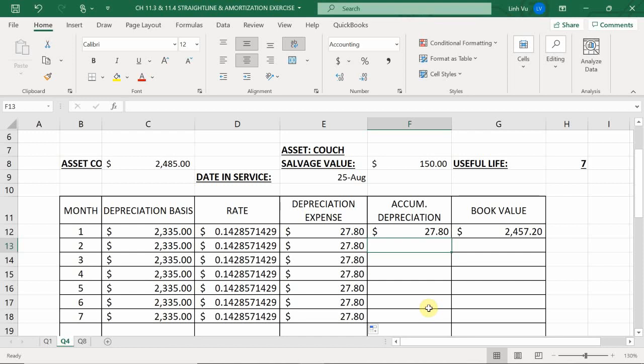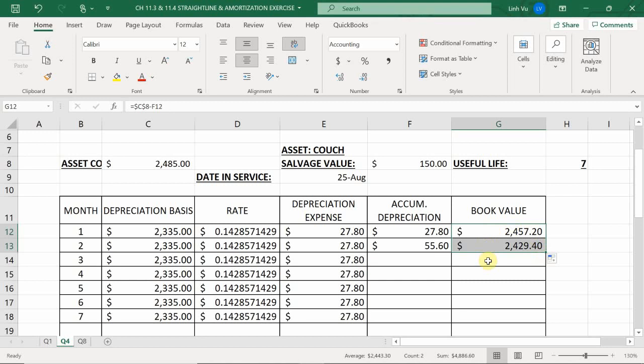What's my accumulated depreciation for the second month? 5560, bringing your book value to be, wait, what?